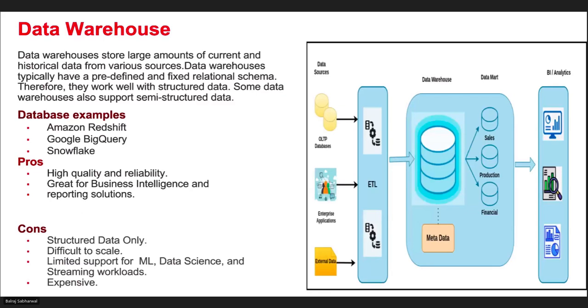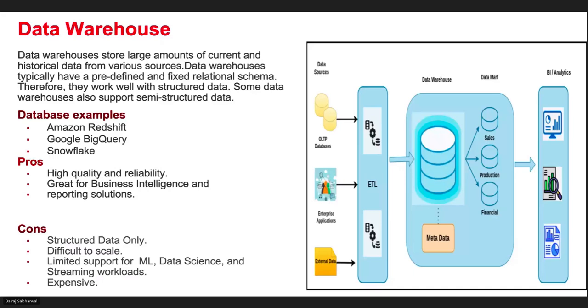So what is the data warehouse? A data warehouse is actually a combination of different data sources. In the diagram, we can clearly see one warehouse in which we have different kinds of data, in sales format, production format, and finance format.